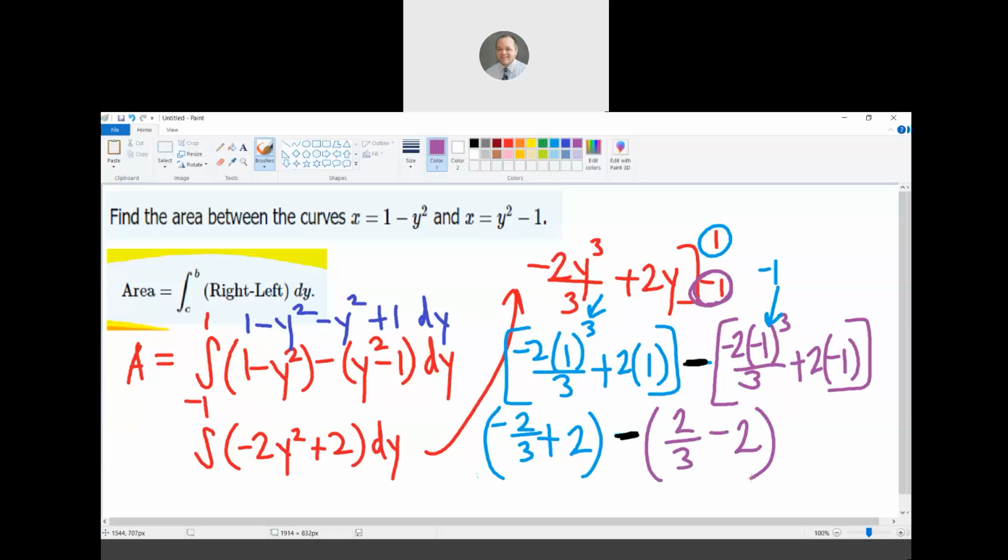Now let's distribute that negative sign in the middle to everything in the second part. And let me erase some of this again so we'll have more room to work.